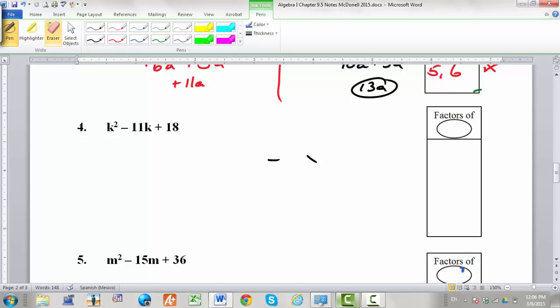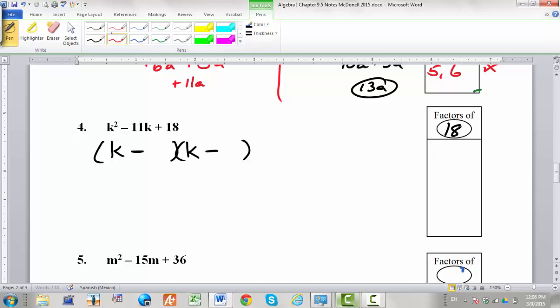Moving down, now for the first time we have a problem that no longer has both pluses in our system. So as we look at this problem, we realize that we're going to have something different here. It's a plus at the back end, but because it's a minus in the middle, we have to have two minuses in our problem. So it's going to be k minus and k minus.